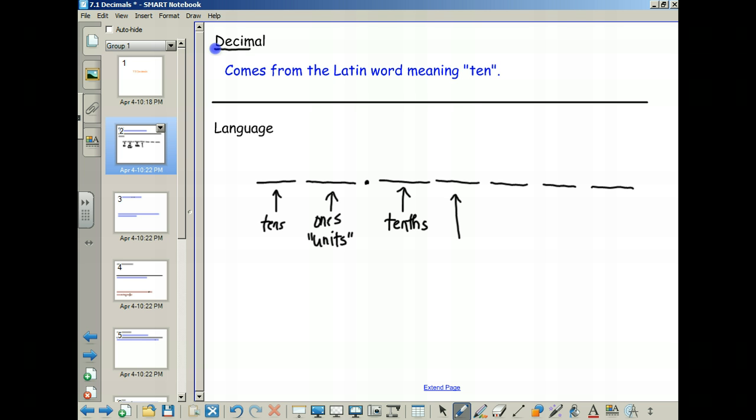The next one is what? Hundredths. I'm going to make sure you got the TH sound on the end. What's my next one? Thousandths. And then what? Ten-thousandths, that's right.